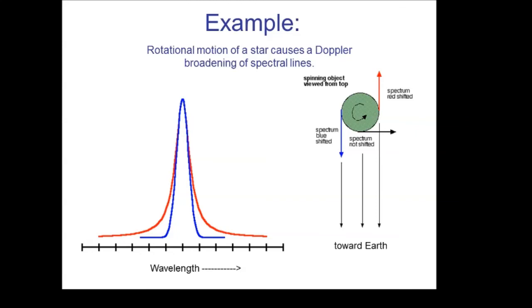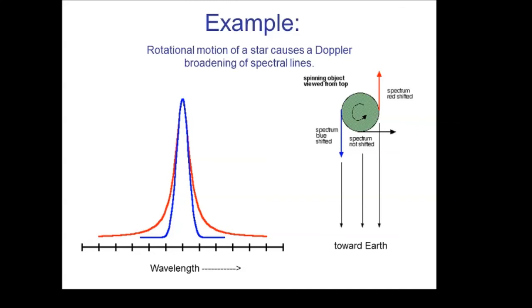If we are looking, for example, at a star, say Earth is down here and we're looking up at the star. If a star spins, what happens is one side of it is moving away from us and the other side is moving towards us. So the object itself is not uniformly shifted, but parts of it are shifted.